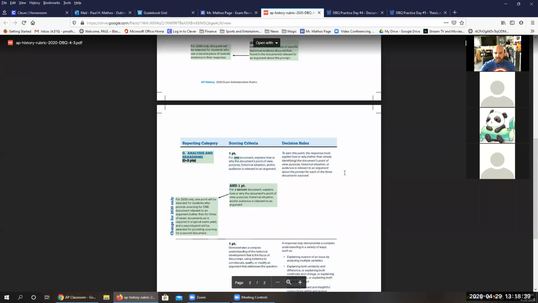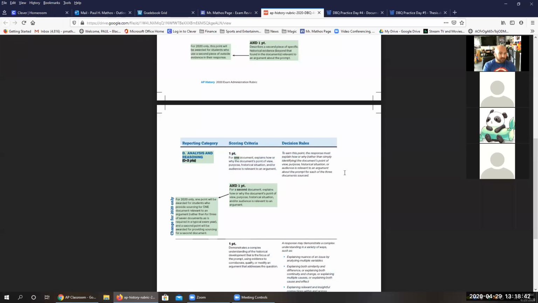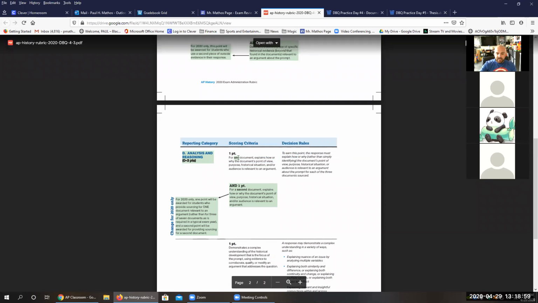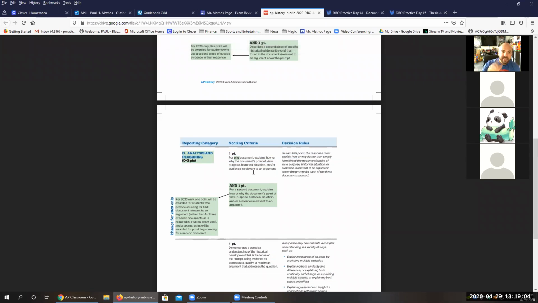You're essentially saying, I am not going to get these 2 points. You're saying that I'm not going to even attempt them, even though analyzing the purpose of a document is pretty easy. Or maybe even the intended audience is decently easy still. Okay, so if you're not attempting it, you're saying, I can't get these 2 points. And all you need to do to even get 1 additional point is to do a HIP or SOAP, whichever one you want to do. Just choose one, the purpose of a document for 1 document. Look at this, guys.